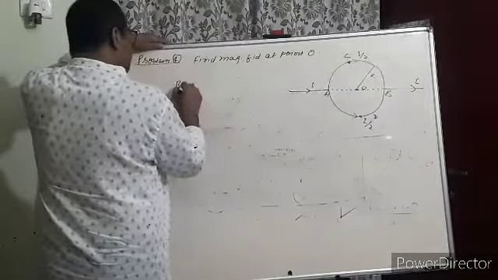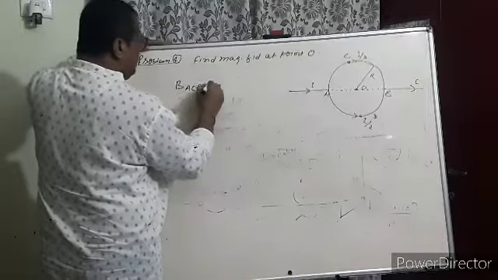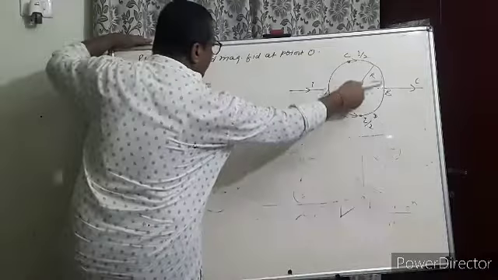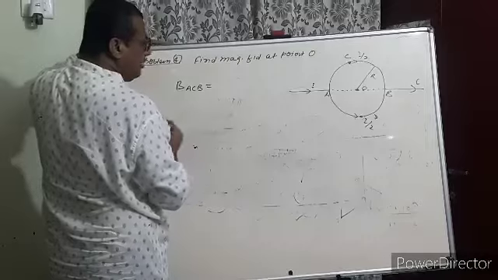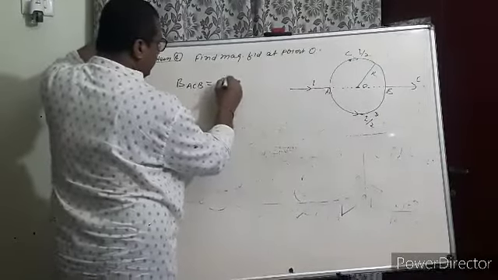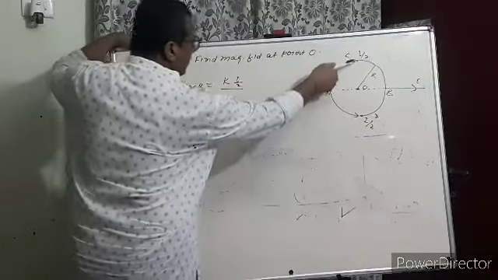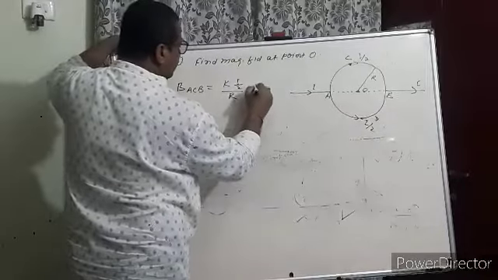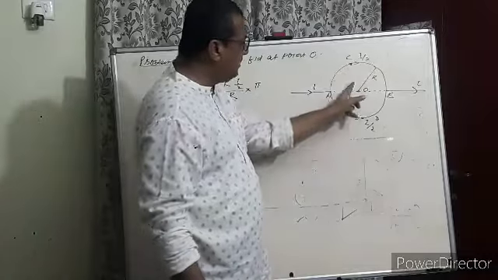Magnetic field due to ACB will be equal to, this is the semicircular wire, K I by 2, radius from here to here that is R, into theta, that is pi, because it is a semicircular wire, so the angle is pi.